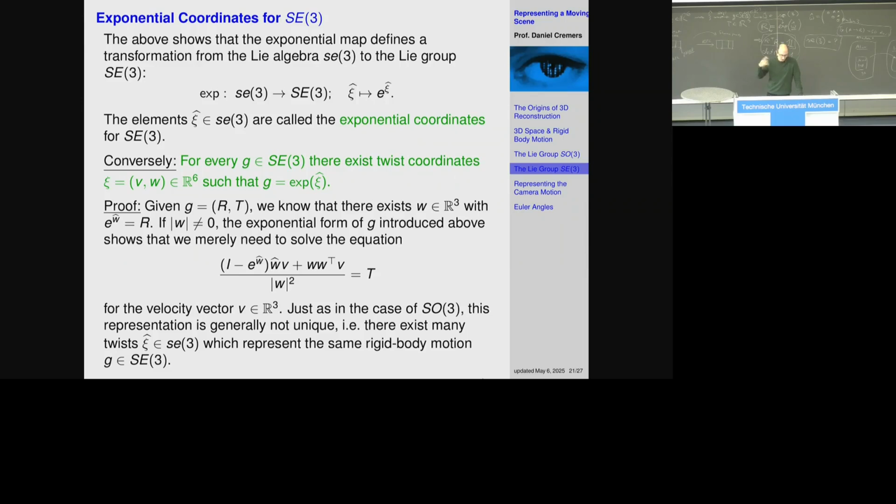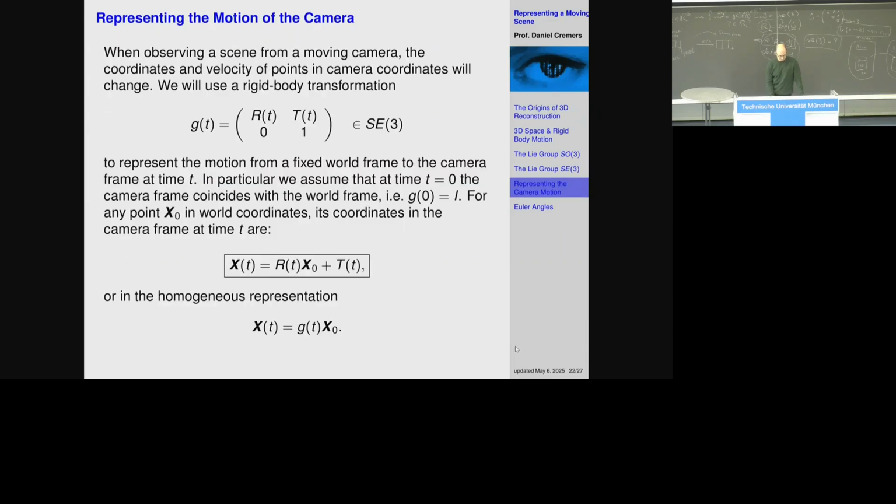This non-uniqueness comes from the non-uniqueness in the rotation, because anytime I can rotate 360 degrees and multiples of 360 degrees around any angle, and it will not affect the rigid body motion that I get. So there exist infinitely many twists that represent the same rigid body motion.